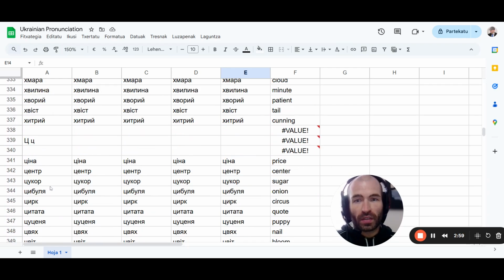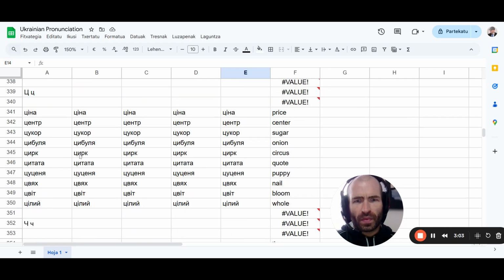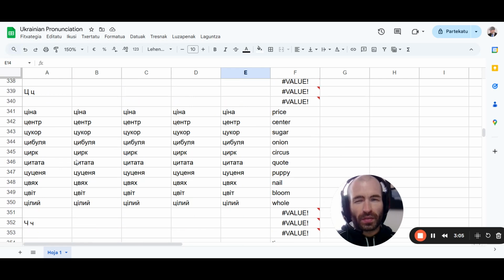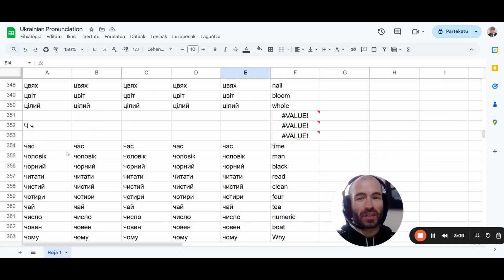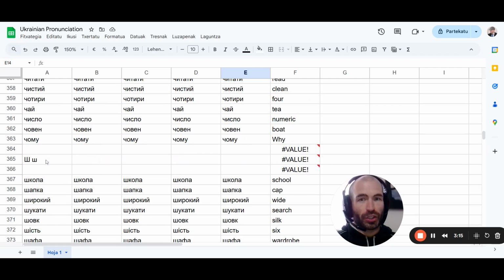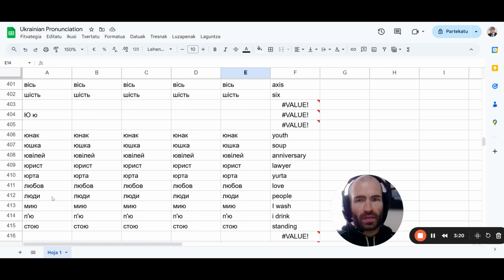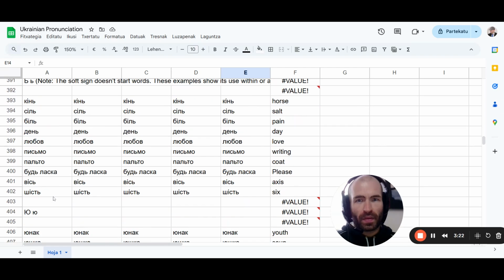This is a h. This is a ts. This one kind of exists, but not really in English. This one, szkola instead of sh.